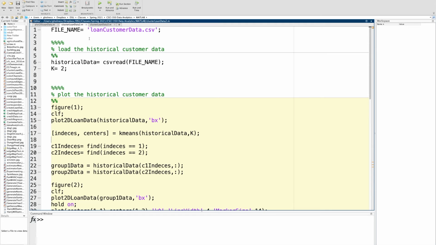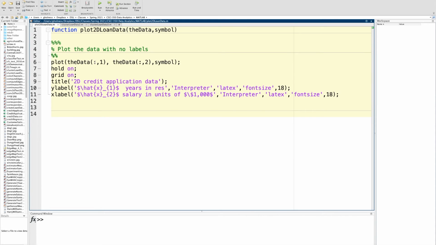So we're here in Matlab, and I have a couple of routines. I'm going to cluster some fictitious loan information. I have a plotting routine, plot 2D data, and that's just going to plot my loan data. The horizontal axis is going to be annual salary in units of 1,000, and the vertical axis is going to be the years in residence.